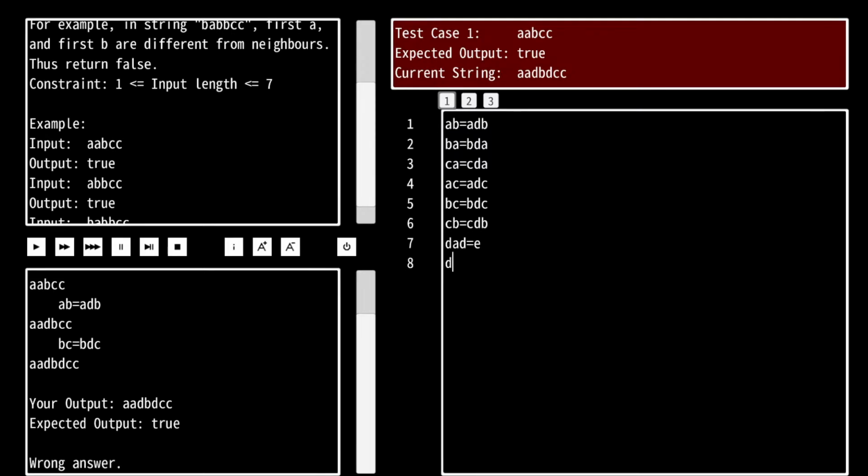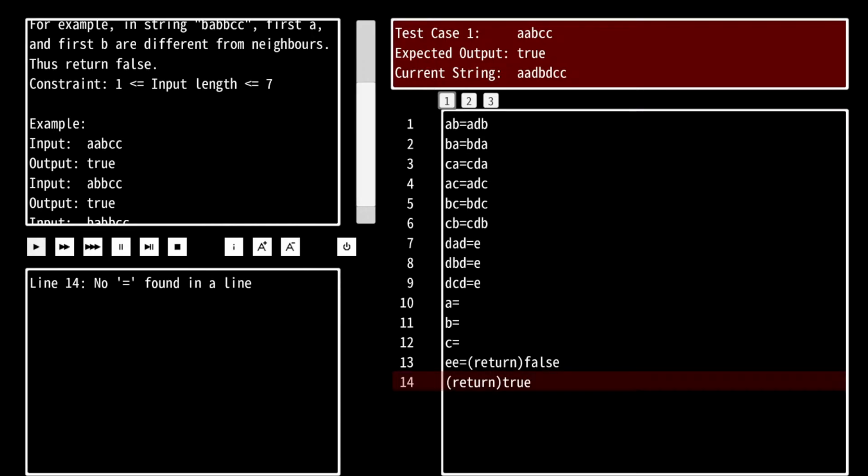DAD equals E, DBD equals E, DCD equals E. And then we can just delete any other letters. If we have EE, that's false, else true. Does that make sense?